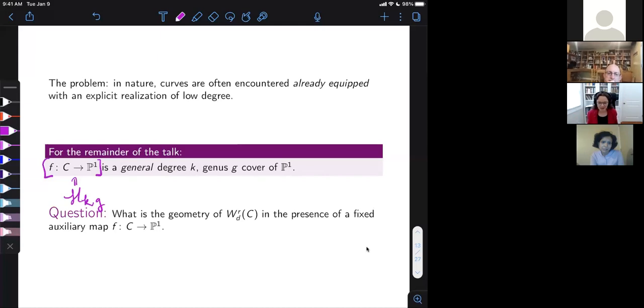Any questions about the question before I move on? What do you mean by the presence of the f? I just mean that it's going to be fixed. It's going to exist. So the curve might be special, like a general curve of genus 7 is not going to have a degree 4 map to P1, something like that.